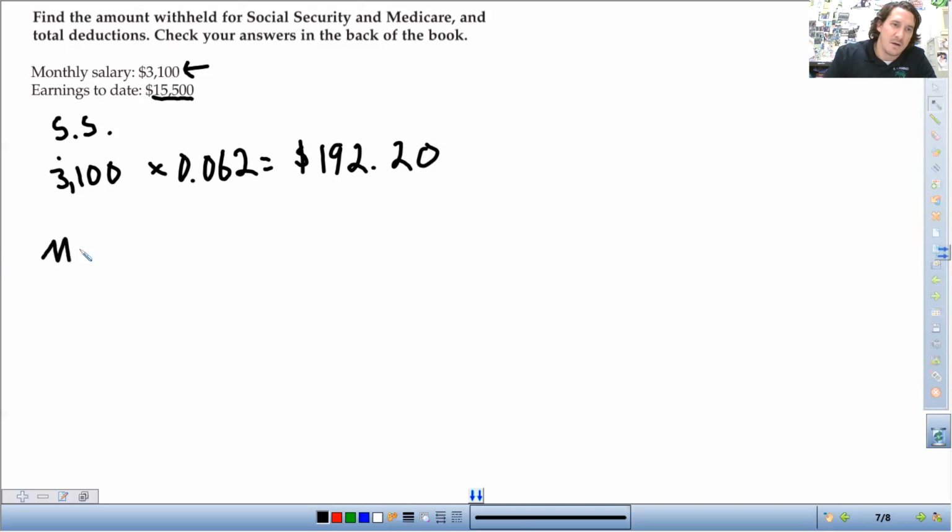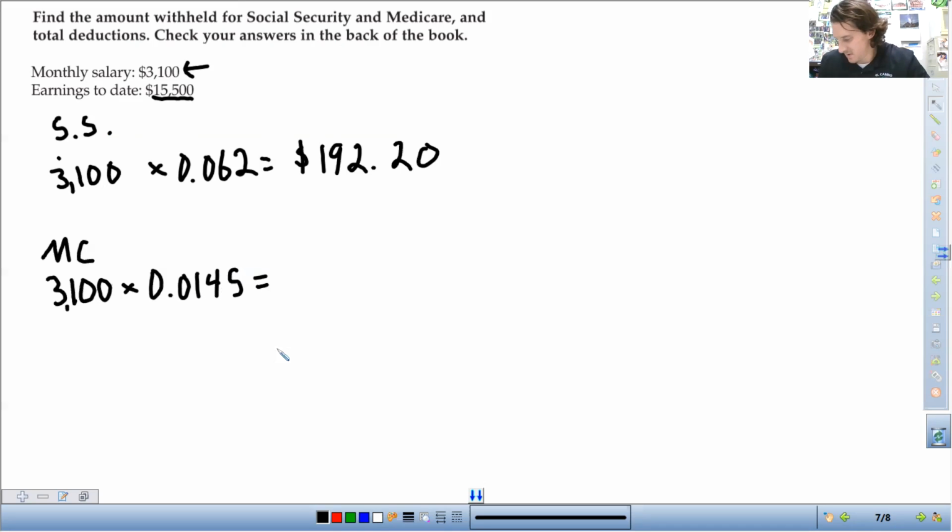Now for Medicare. Same thing, 3,100 times the tax rate, which is 0.0145. 3,100 times 0.0145 comes out to $44.95.